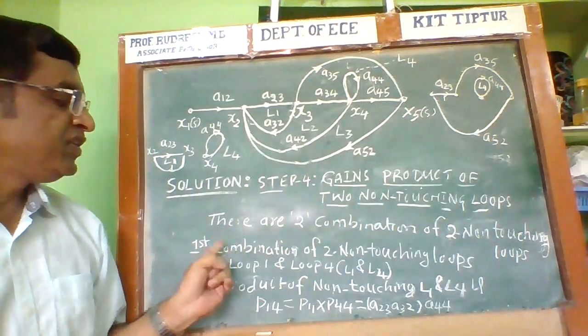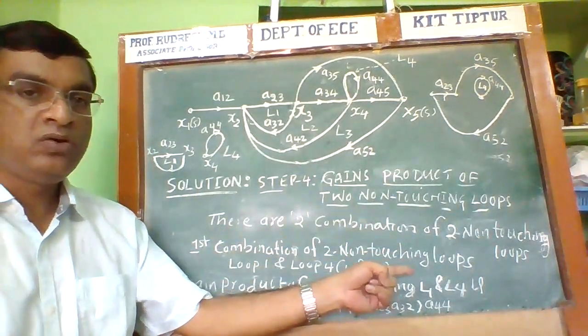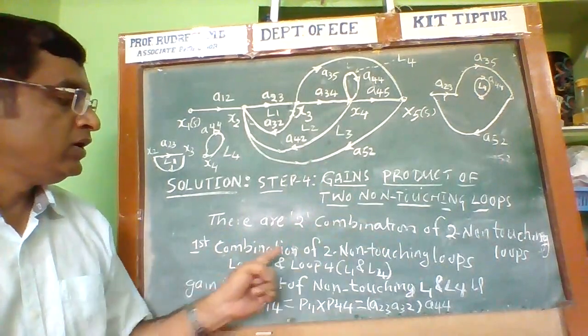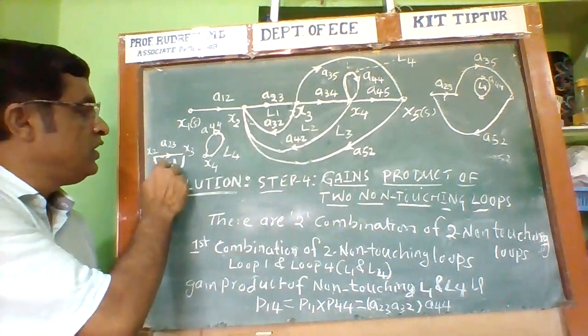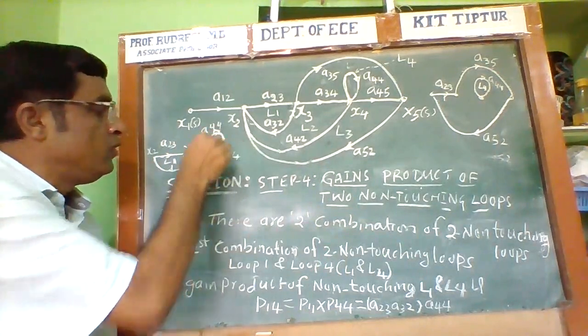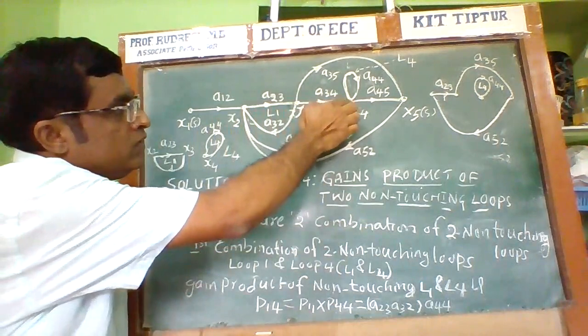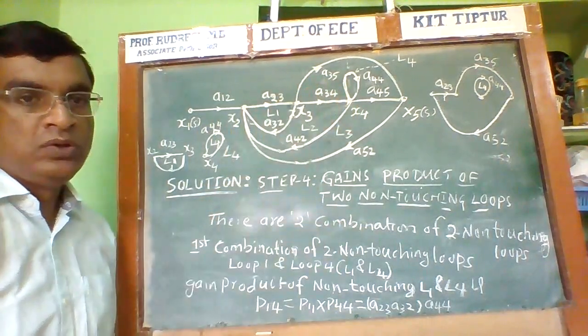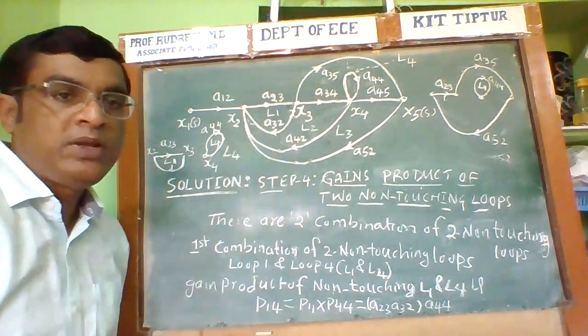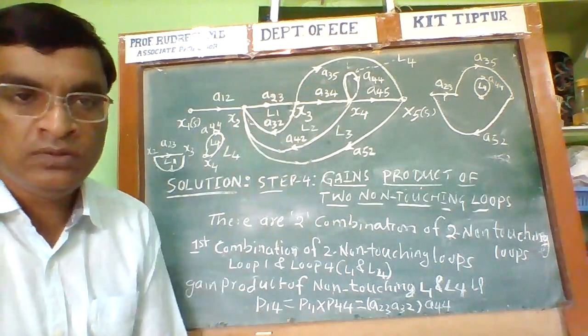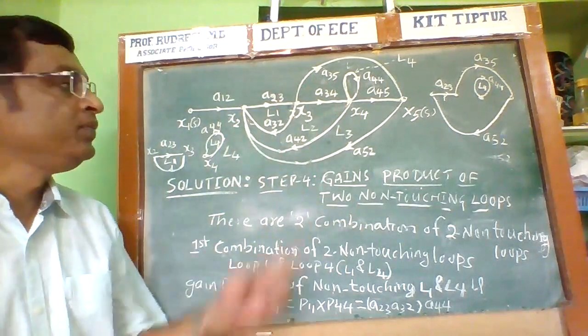The first combination of two non-touching loops is L1 and L4. This is the L1, this is the L4. The L1 loop does not have a common node with L4; loops are said to be non-touching if they do not contain a common node.